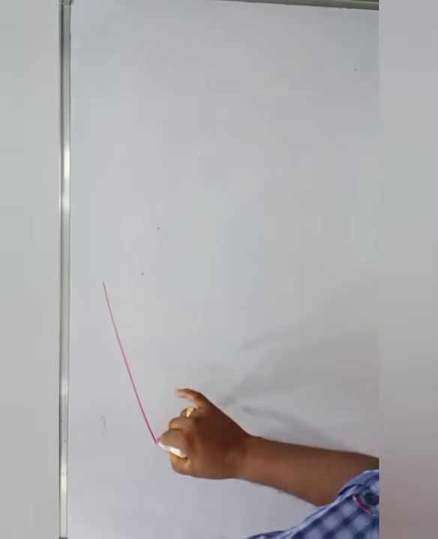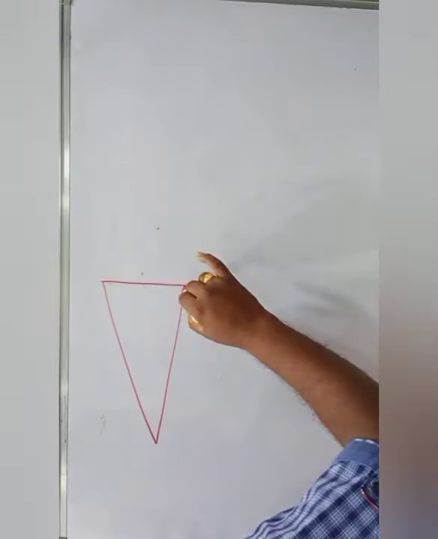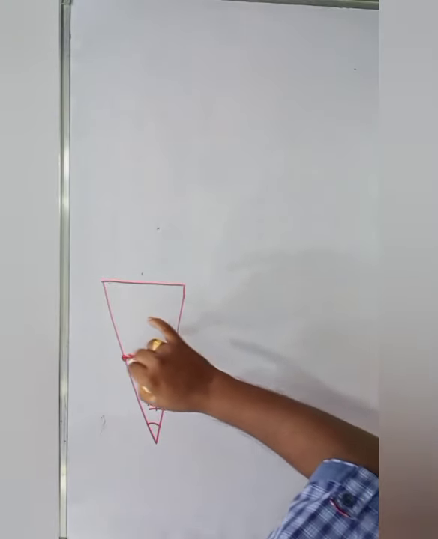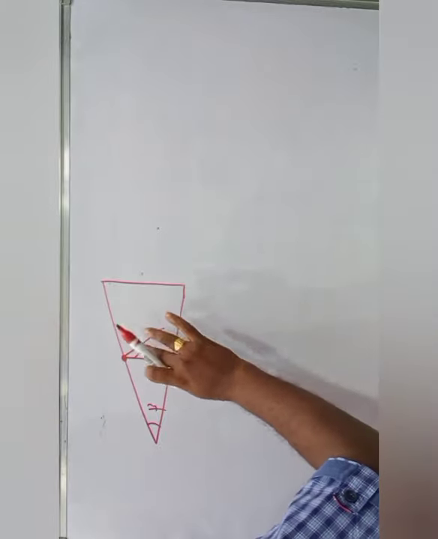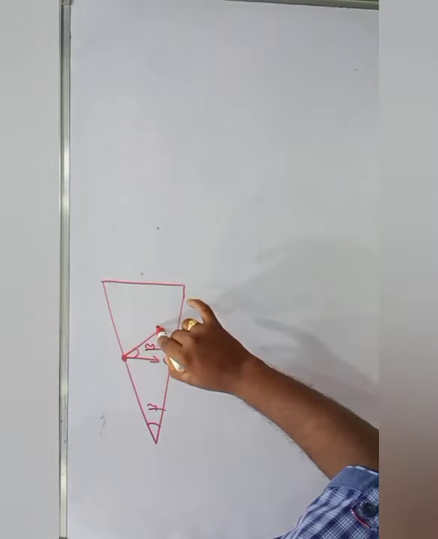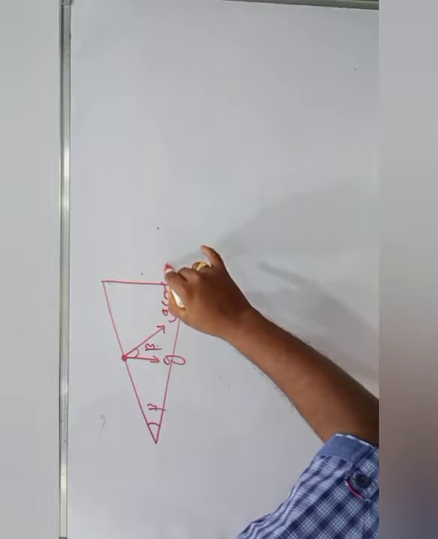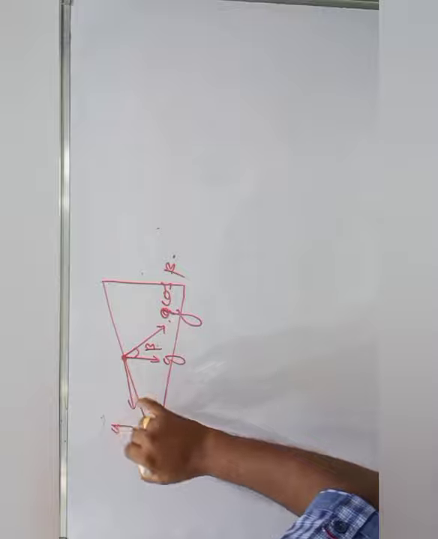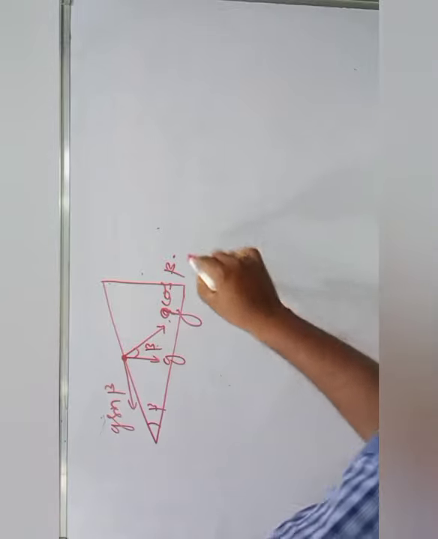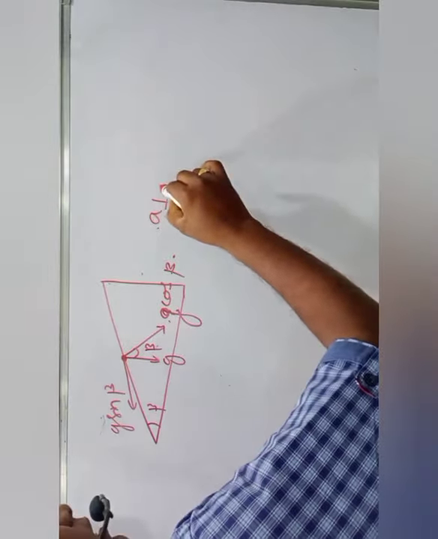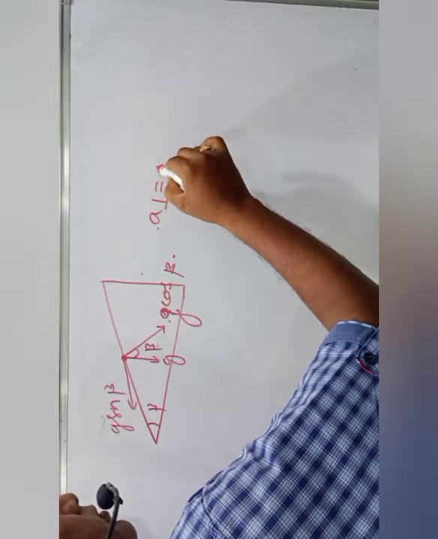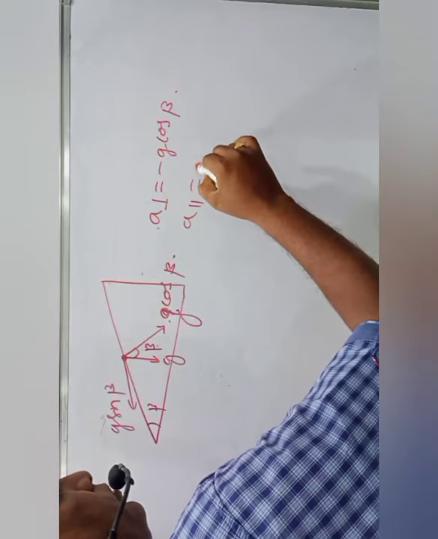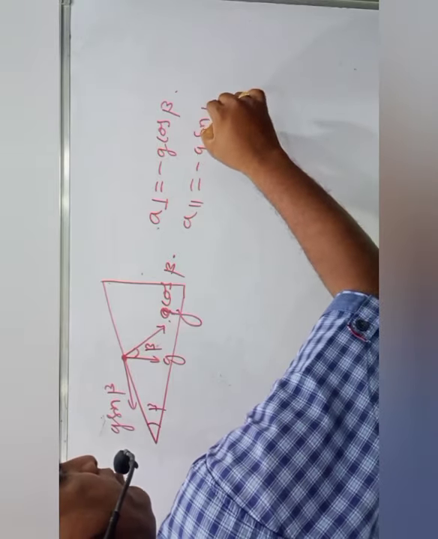Gravity g is acting downward, which is resolved into two components: g cos beta and g sin beta. Therefore a perpendicular is equal to minus g cos beta, a parallel is equal to minus g sin beta.